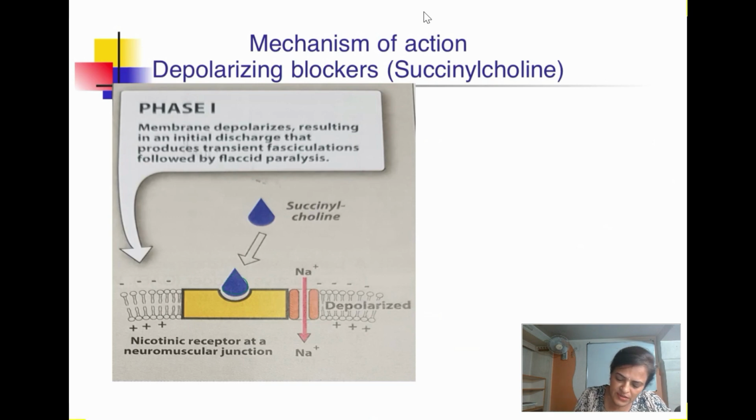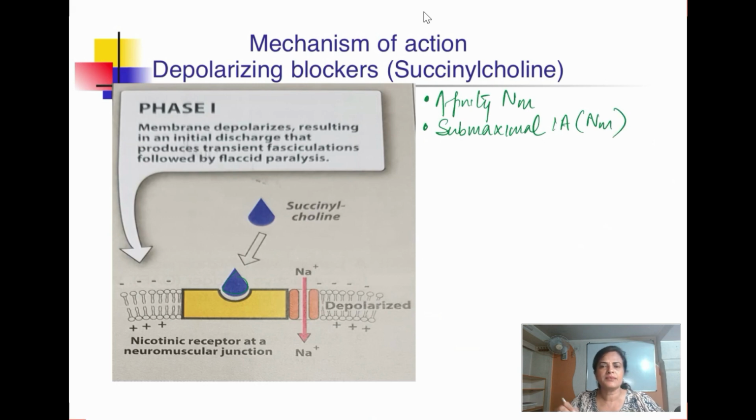Remember one thing, succinylcholine has affinity for the NM receptor, that is, the tendency of the drug to bind with the receptor, plus it has an intrinsic activity, but that is submaximal intrinsic activity for the NM type of receptor, right?